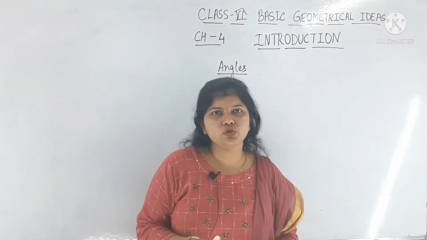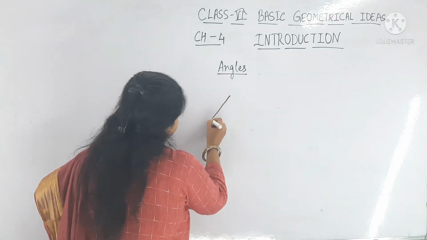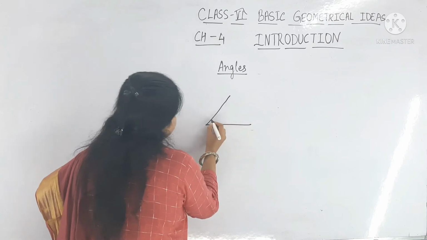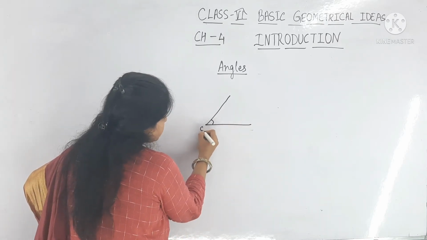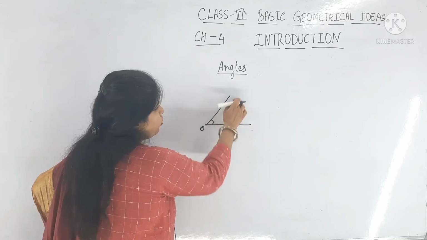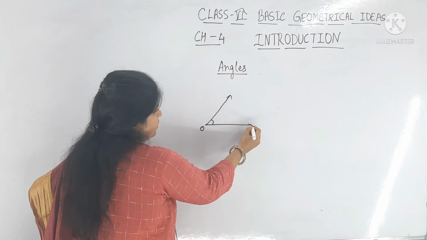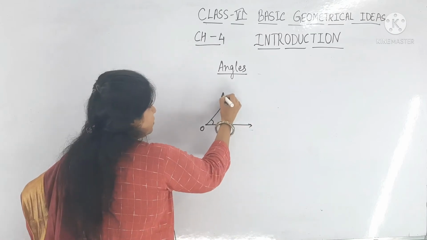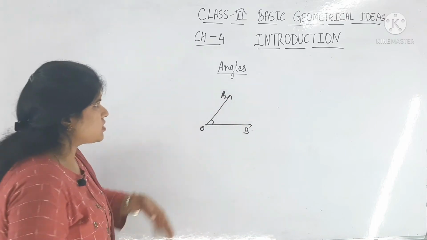Okay students, next topic is angles. Okay, so like this we are making angles here. You can see that this is a common fixed point, and 2 lines are here, so it can be like this. I am naming this AOB. Okay, so this is an angle.